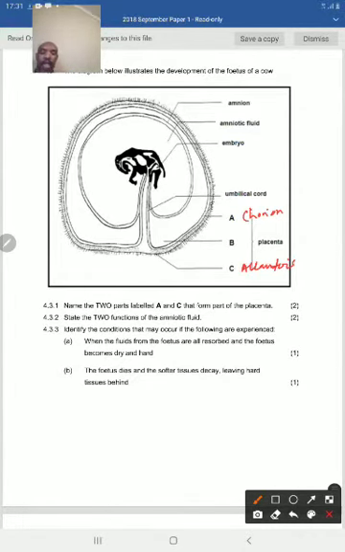State two functions of the amniotic fluid. To protect the offspring from drying out, from dehydration.